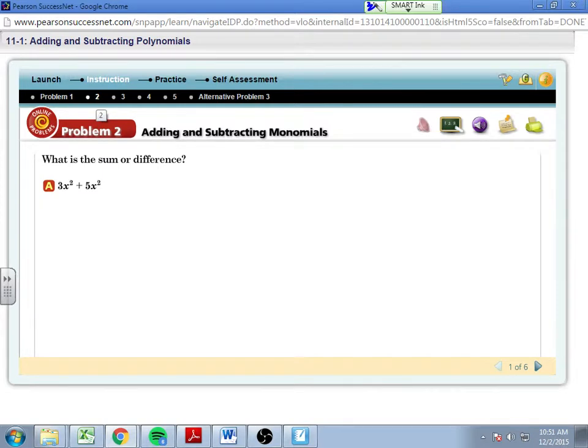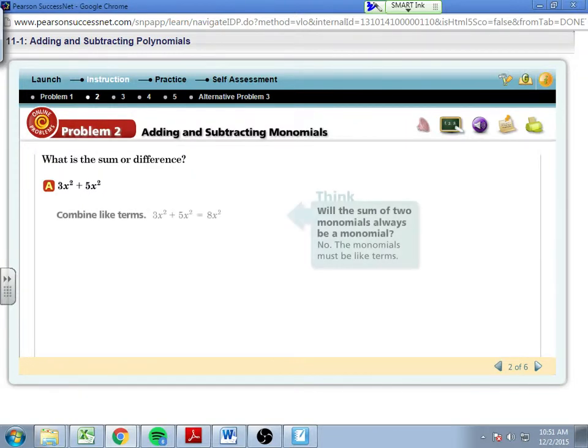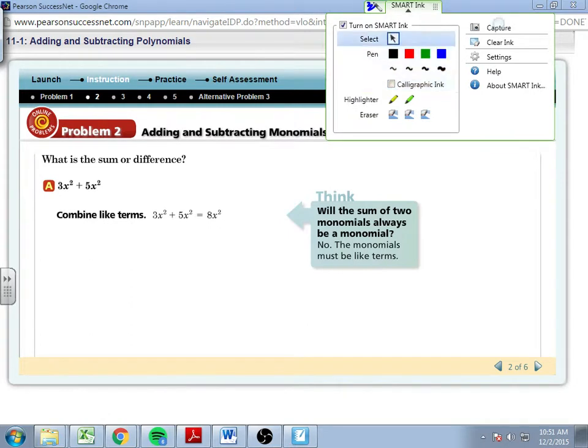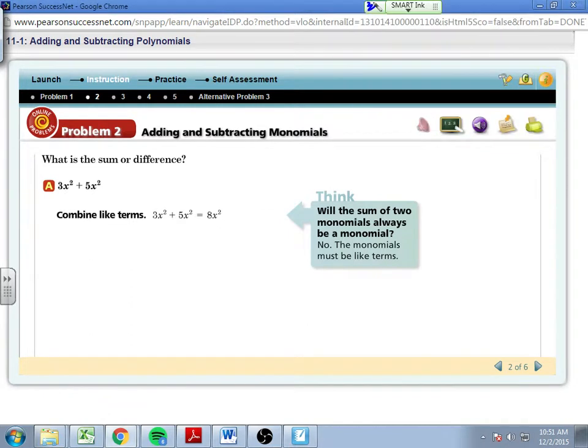Same base. Same variable, so kind of like base. Same degree. And then same power. Yeah. So, like terms, you're always looking for same variable, same power. So here when we combine them, what's the sum? 8x squared, right? Because you have 3x squared plus 5x squared, you get 8x squared total. What about the next one?